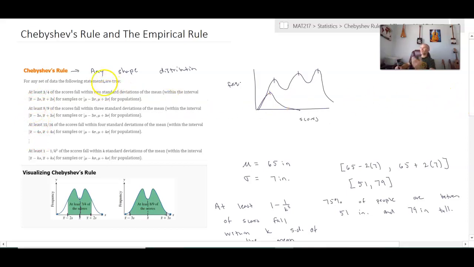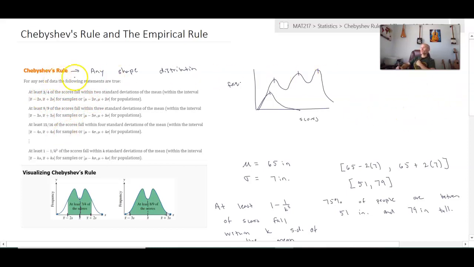So no matter if I give you, say, 10 data points, and we can't verify that the distribution of those 10 data points is symmetric and bell-shaped, then you can still guarantee that 3/4 of those values will be within 2 standard deviations of the mean, which is pretty neat.